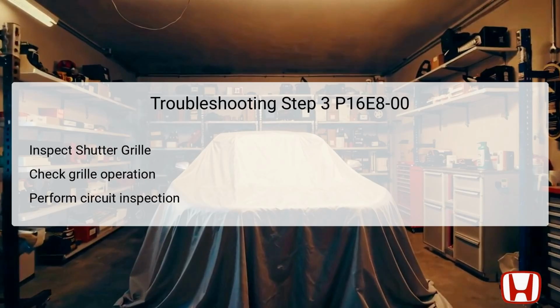The next step in troubleshooting is to inspect the shutter grille itself, as it is directly involved in the communication for airflow optimization. Any failure in its mechanism can lead to a DTC. While direct testing may not be possible, performing a visual inspection for any physical damage or obstructions is crucial.